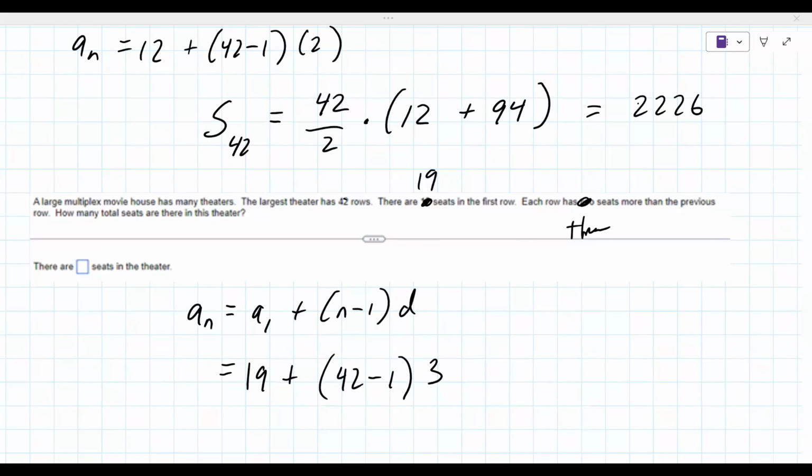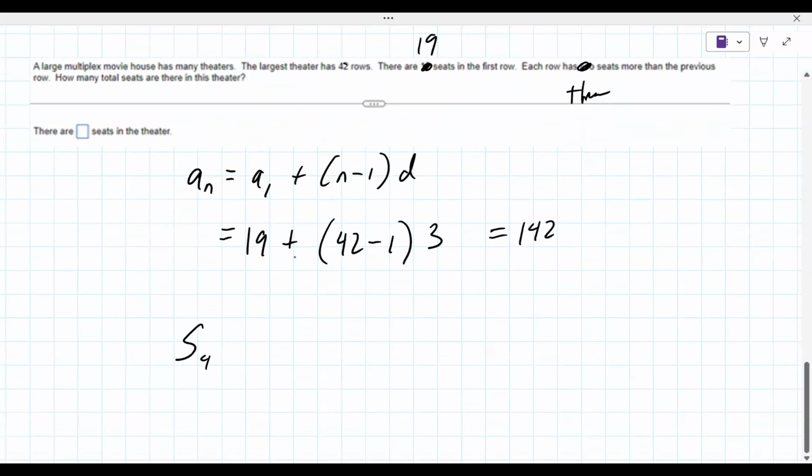So 142 is what I have for that. Yeah, same. All right, so the sum of the 42 rows is 42 over 2 times however many there are in the first row, which is 19 plus 142 in the last one there.